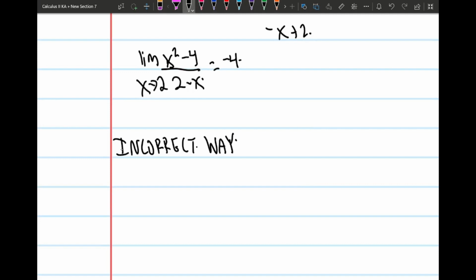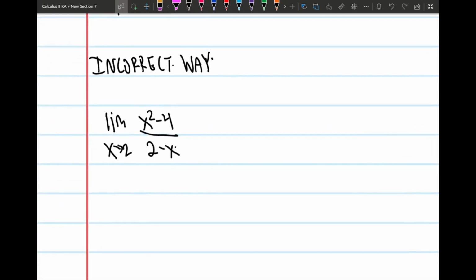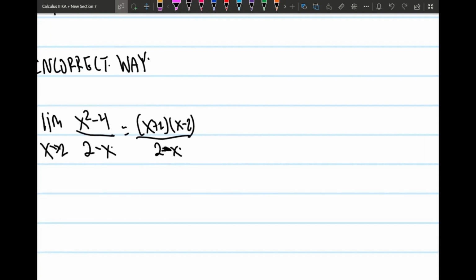With the limit as x approaches 2 of x squared minus 4 over 2 minus x, a lot of students make the mistake of saying it's x plus 2 times x minus 2 over 2 minus x, and then they think 2 minus x is x minus 2.